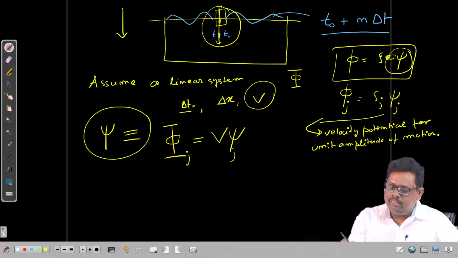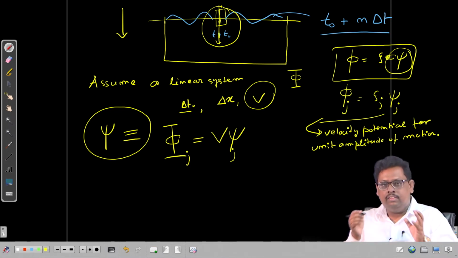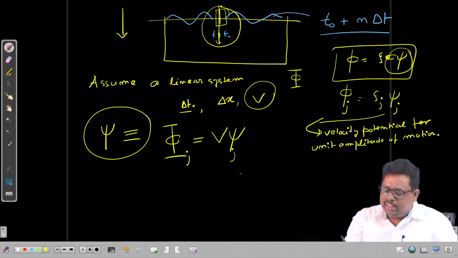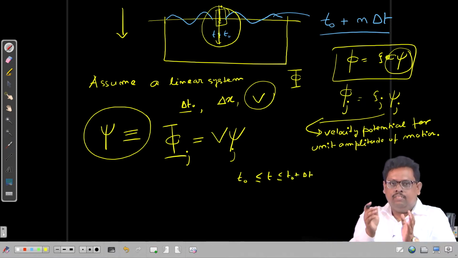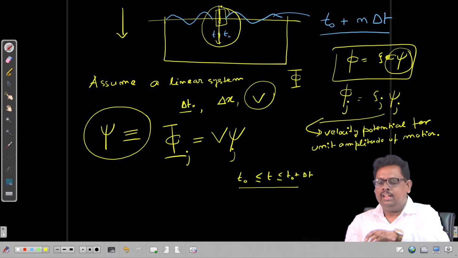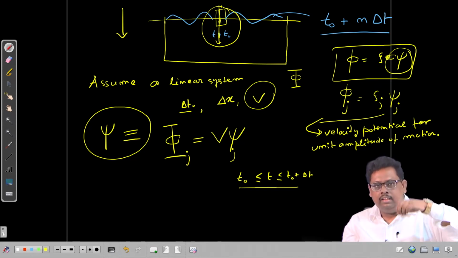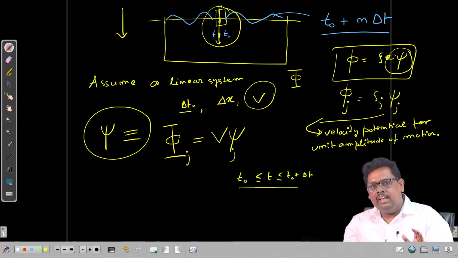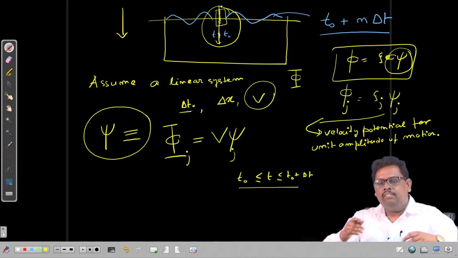Now, if you have the 6th mode, then we can say that phi j equal to v into psi j, when the time t is between t 0 and t 0 plus delta t. So, I am taking a very small interval from t 0 to t 0 plus delta t, and in this small interval I am throwing the stone or any object, and then I get some disturbance.